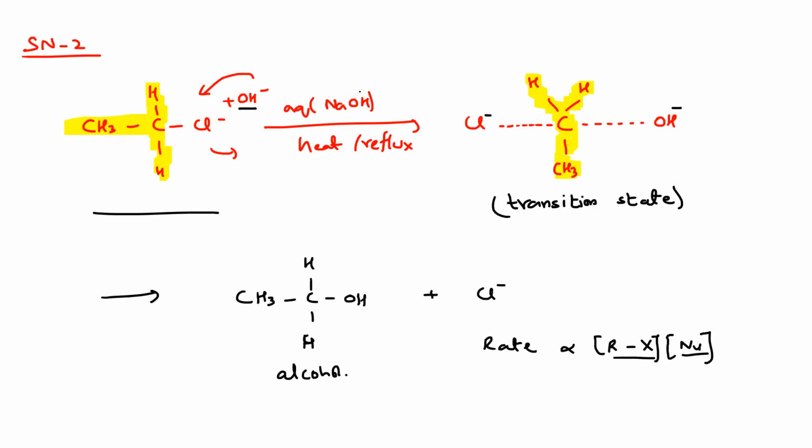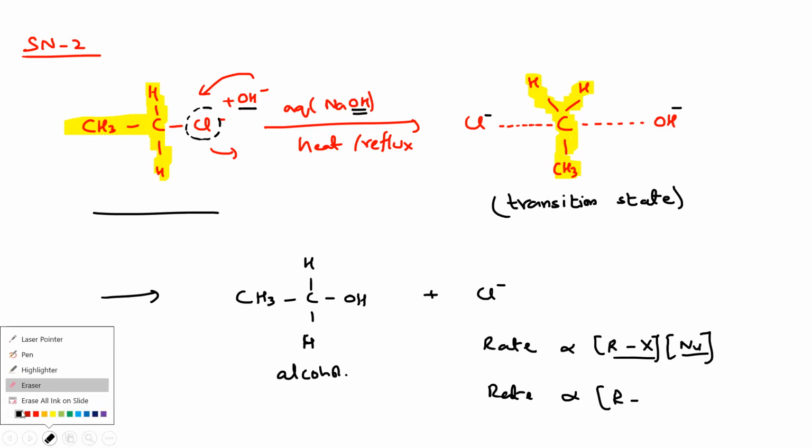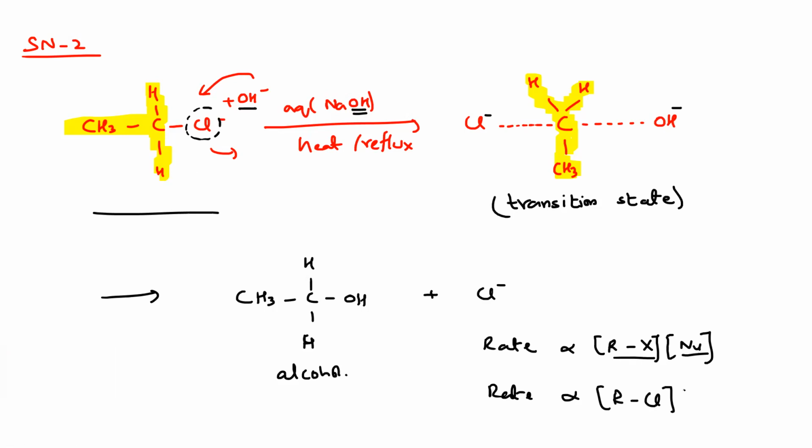So the nucleophile would be this, and whatever halide is there, you can replace it with X. So here I can write it would be RCl and OH. Okay, do you get this? Yes.